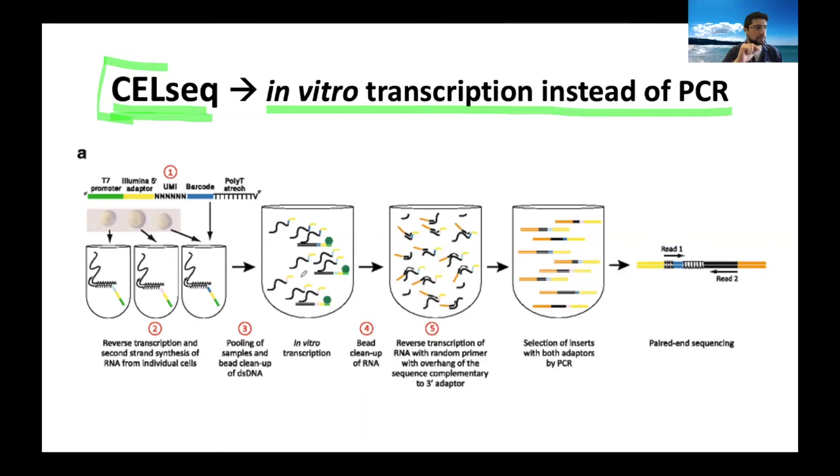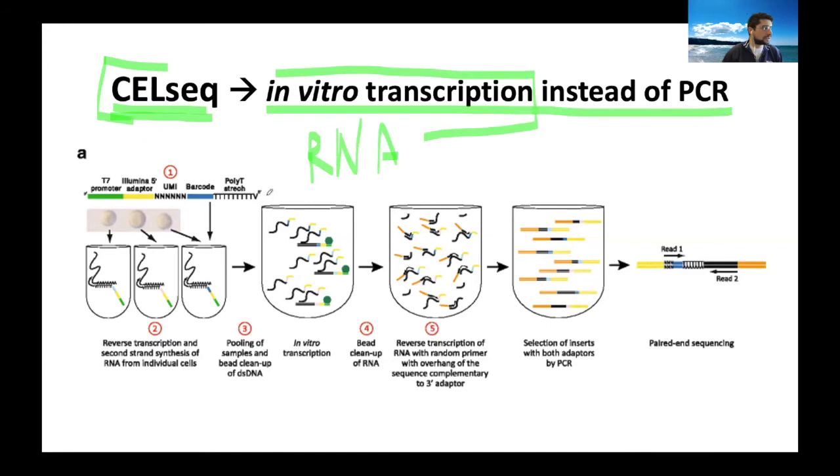So the advantage of doing in vitro transcription instead of PCR is that you maintain the ratios between the RNA molecules that you had at the beginning, okay? So it's introducing fewer biases, okay? The drawback of in vitro transcription is that it is producing RNA, okay? So you have to transform the RNA back to DNA.